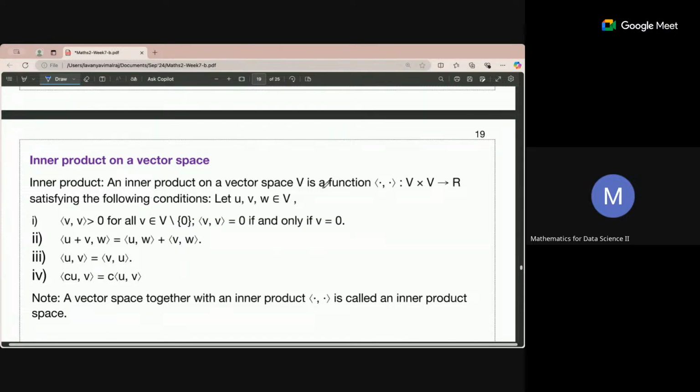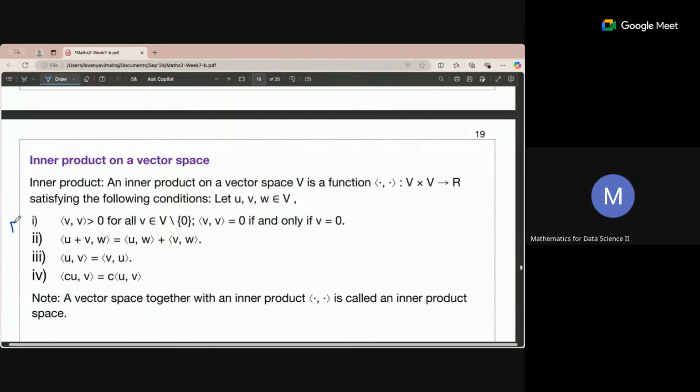An inner product on a vector space is a function from V cross V to R satisfying the following conditions. Let us take u, v, w from V. Then the inner product of v comma v is non-negative, and it is zero only when v is 0. So the inner product of the same vector is positive for a non-zero vector. Then the linearity property: u plus v comma w is u comma w plus v comma w, and c u comma v, you can bring c out.